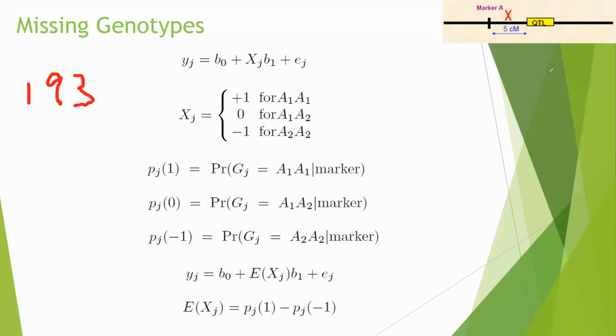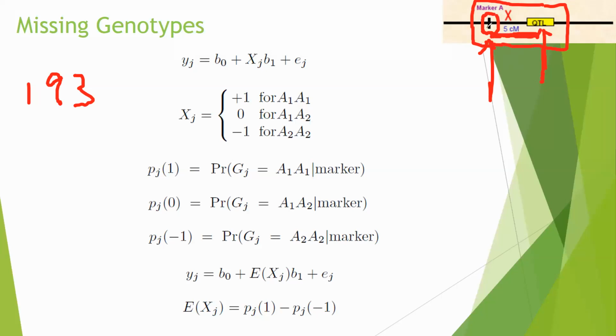in the mouse genome, we only have less than 200 markers, right? So suppose this is a marker. And suppose this is the real QTL. QTL means a real gene that is responsible for the traits of interest. And if the marker is very close to this QTL, then there's a good chance for us to identify this marker by doing the genome scanning, because this marker is very well linked.